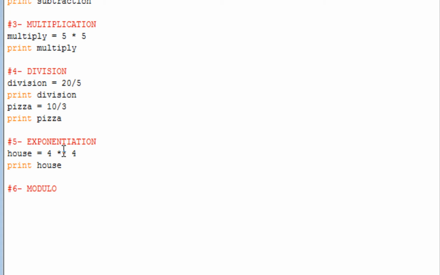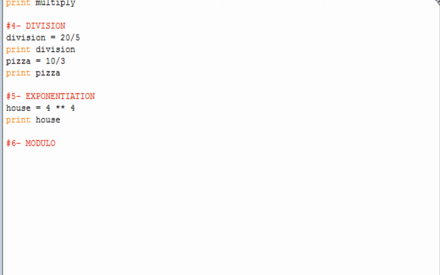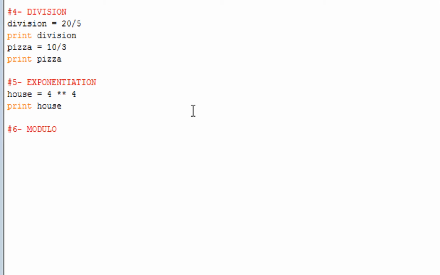It's basically like saying 4 times 4 times 4 times 4. It's basically the same as this, but it saves you some writing. I know not a lot, but this is what programming is. It's all about being lazy and finding a shortcut to doing things.